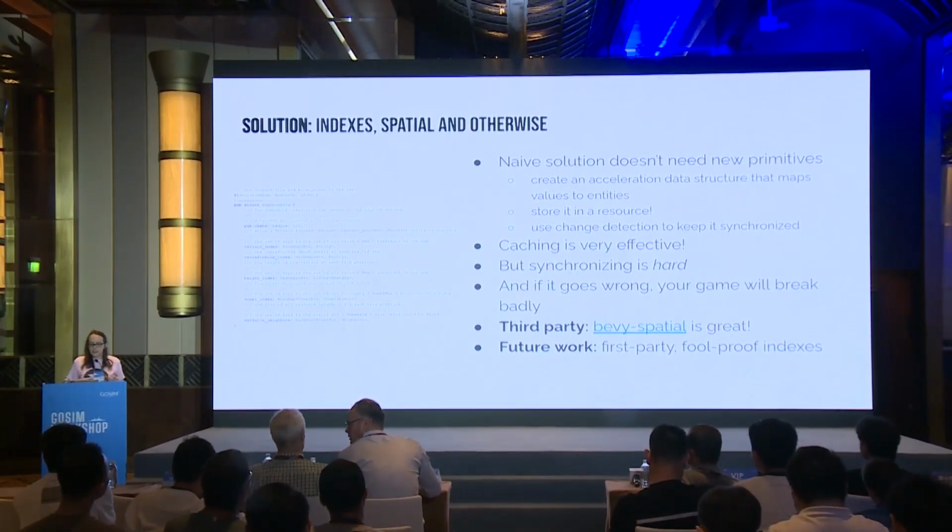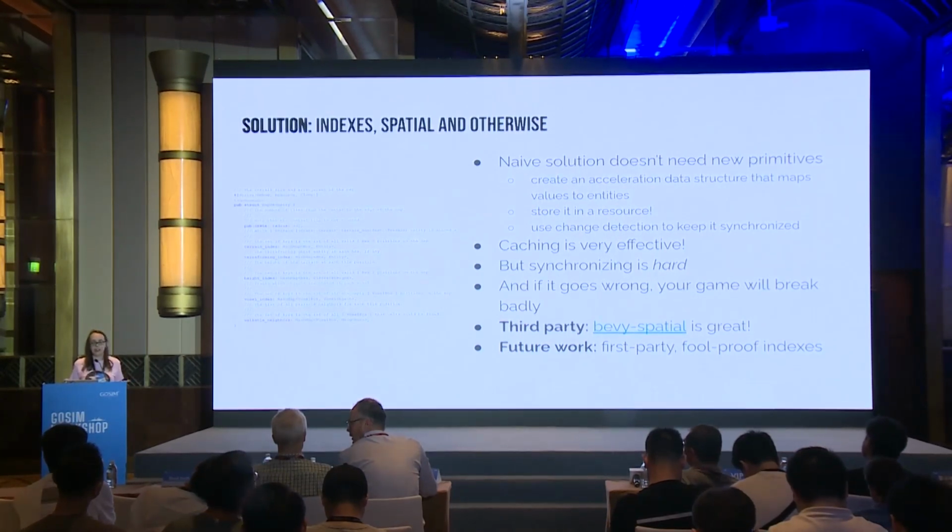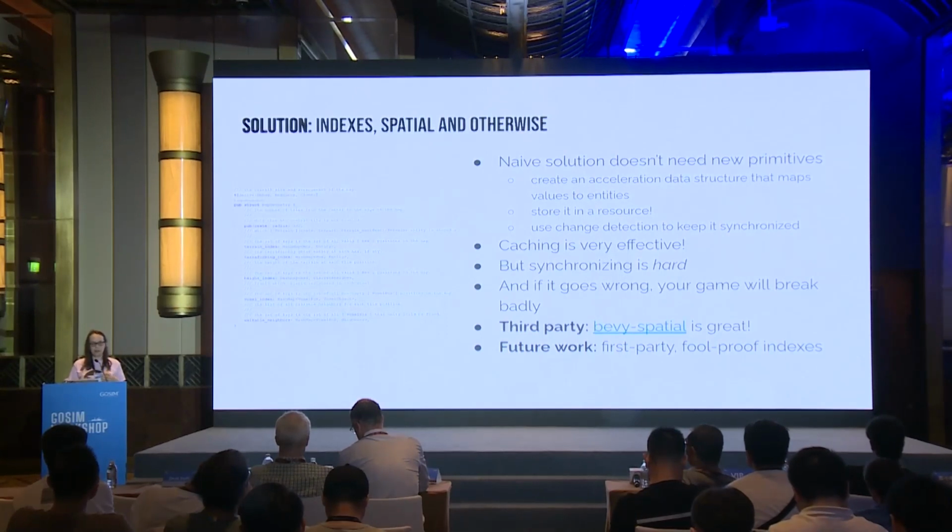And so something that I want to do in the future, and that the community wants to do, and I think is honestly an essential feature of a modern ECS, is first-class support for indexes, both spatial indexes and much more traditional database indexes that can rapidly accelerate these sort of common value-finding operations.